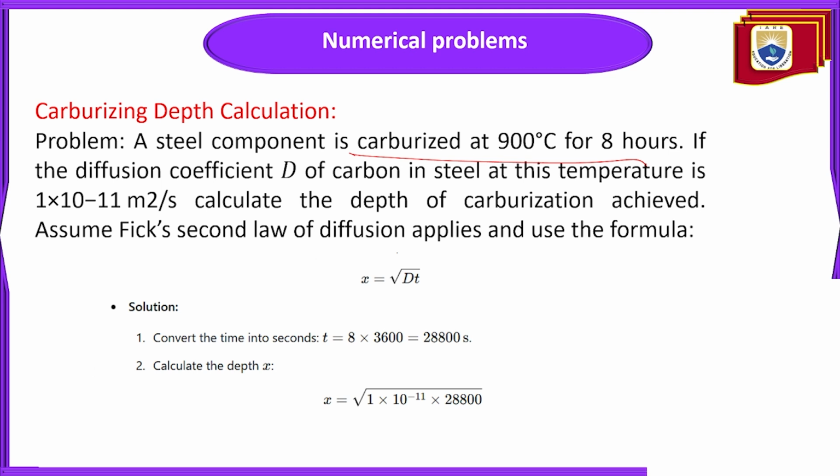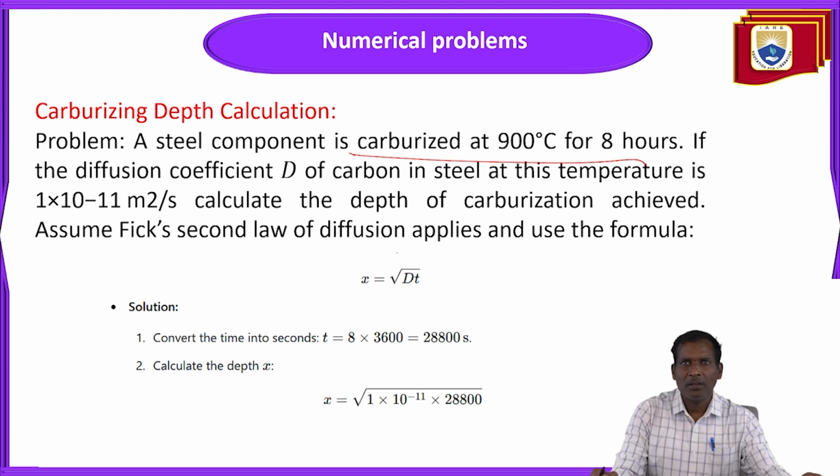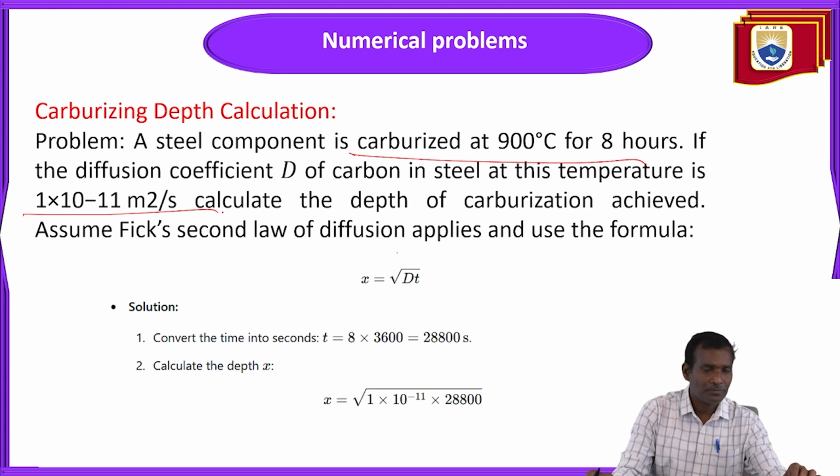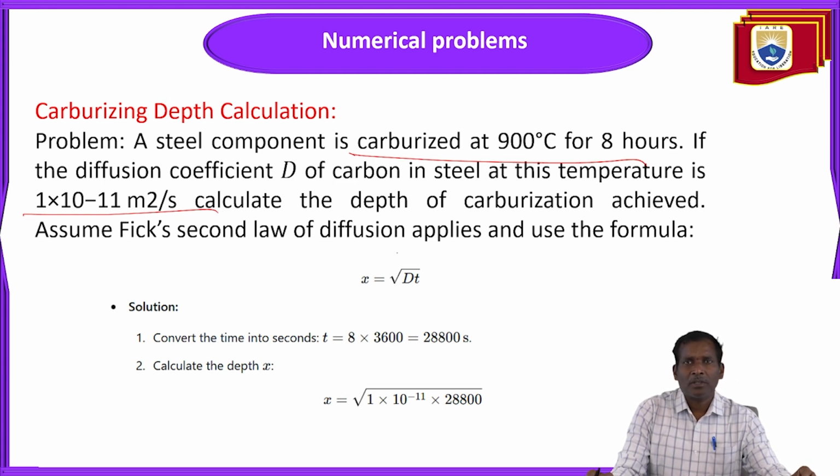If the diffusion coefficient D of carbon in steel at this temperature is 1 into 10 to the power of minus 11 meter square per second, calculate the depth of carburization achieved. Assume Fick's second law of diffusion applies and use the formula.